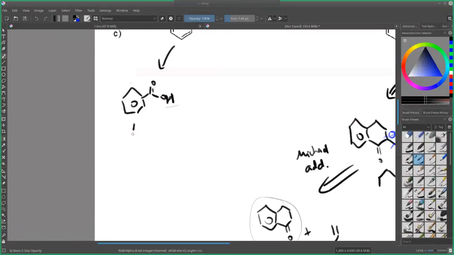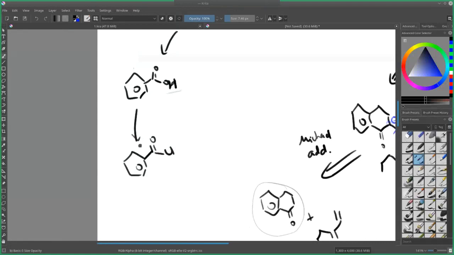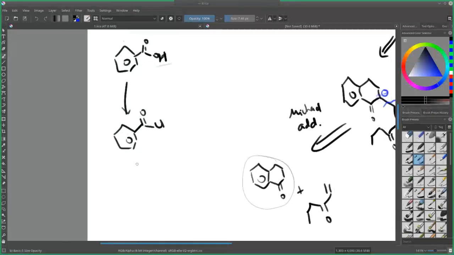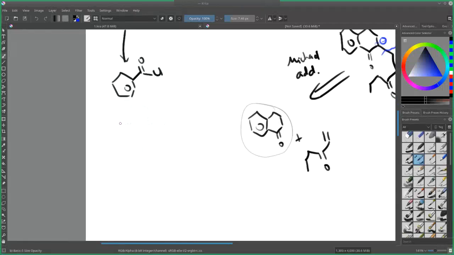So how about we use SOCl2 to make it this chloride, and then from there, let's see, what can we do?